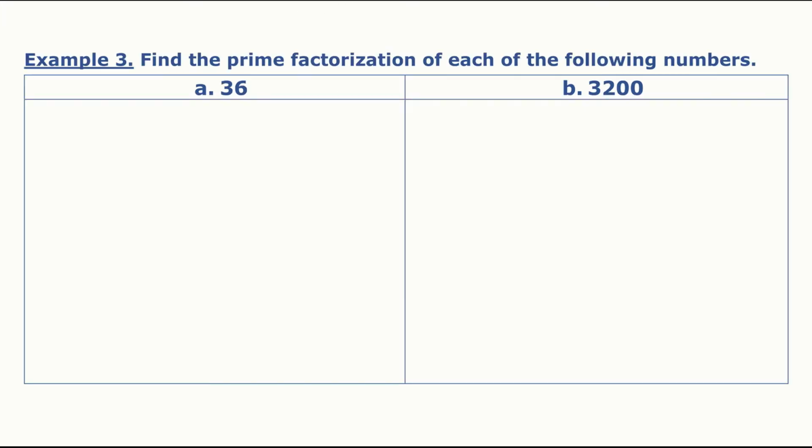All right, let's say I want to find the prime factorization of 36. Okay, so I'm basically going to write 36 and I'm going to draw a line right to its left.